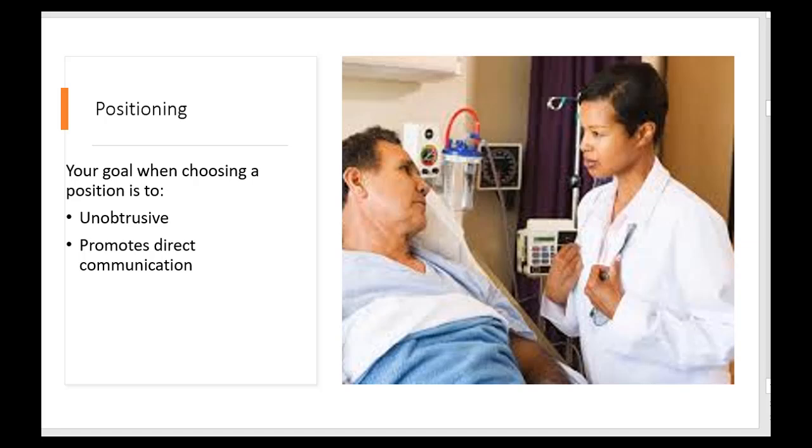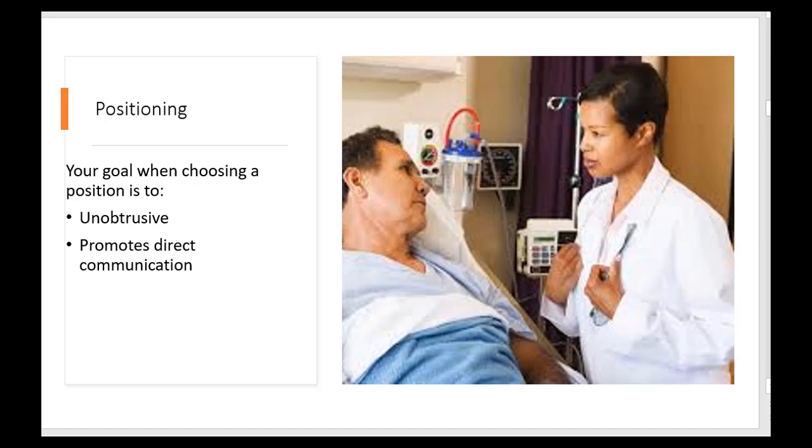So when we decide where an interpreter is going to stand during an encounter, we're looking for the least obtrusive position. We want the interpreter to be as much as possible in the background and not a participant in the conversation. So we want to be as unobtrusive as possible.